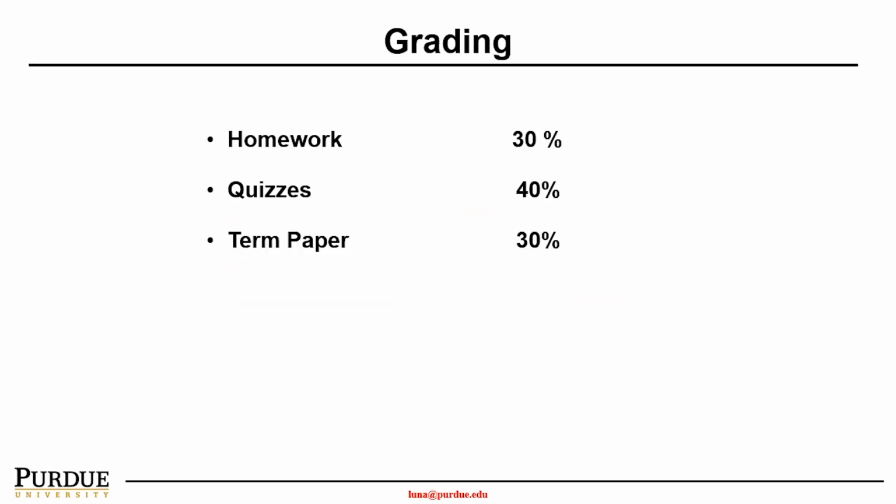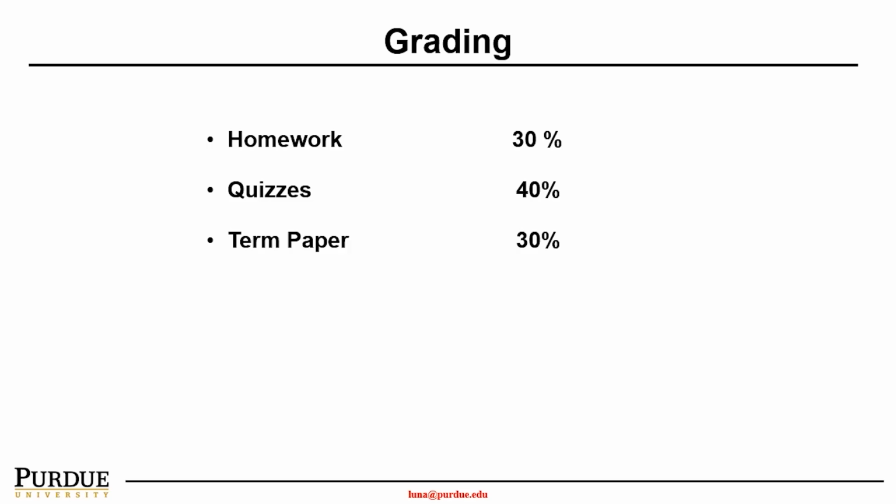Now I would like to spend a minute to discuss how we grade the academic performance of each student. There will be three components. First, the homework will count about 30%. Each week we'll have one quiz, including multiple-choice and true-false questions, and the total of the quizzes will count for 40%.